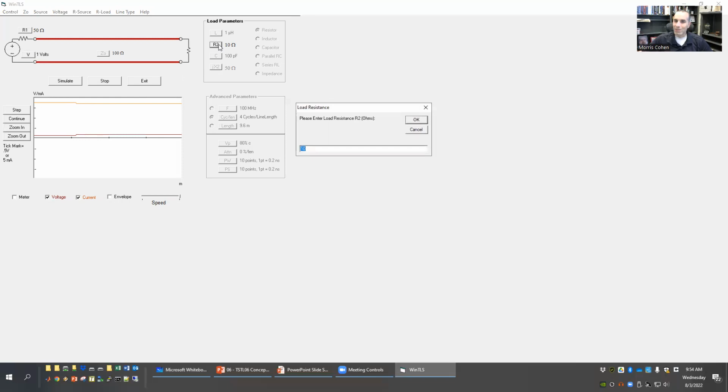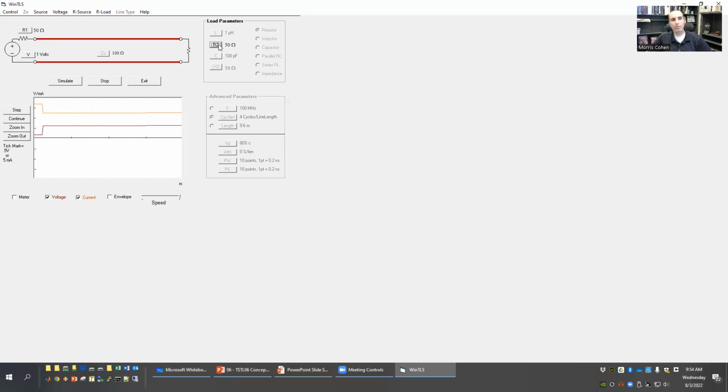Let me make this go faster by making it 50 ohms. If I wait long enough, this voltage and current will both go to 0. Let's watch that happen. All right, now set that voltage to 0, and here it is.